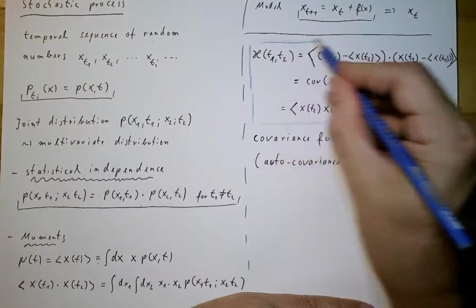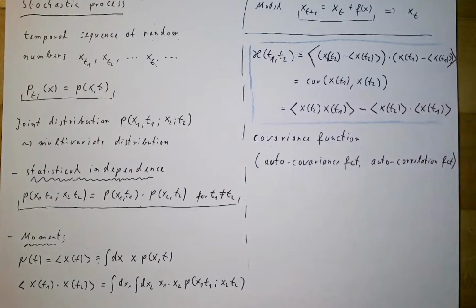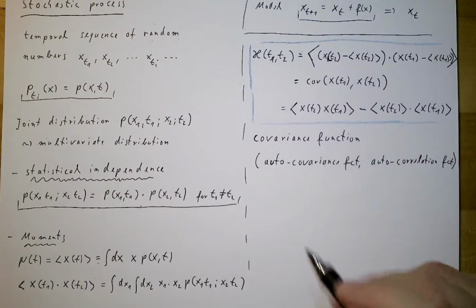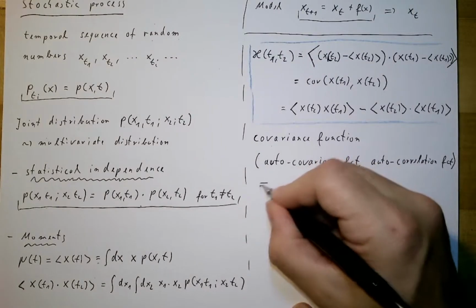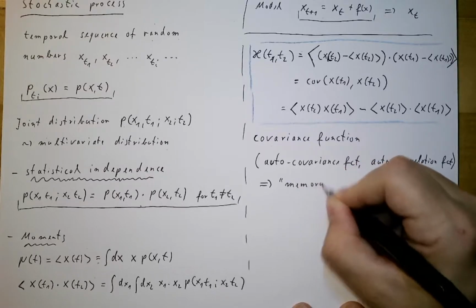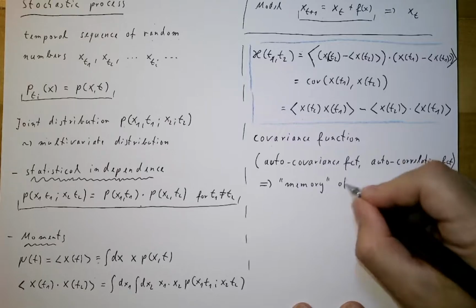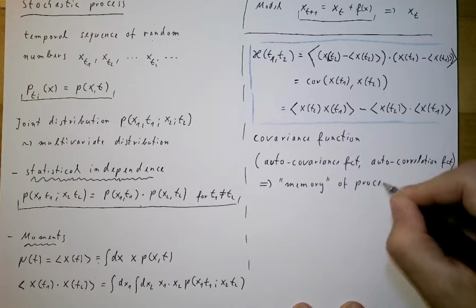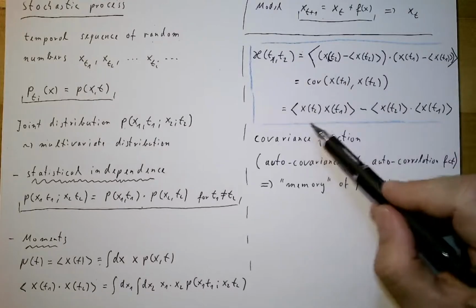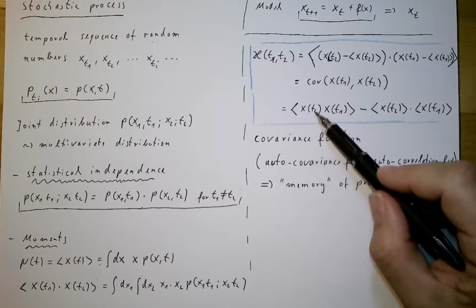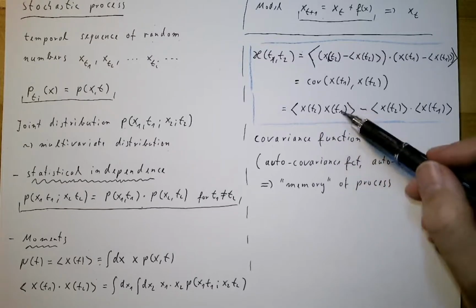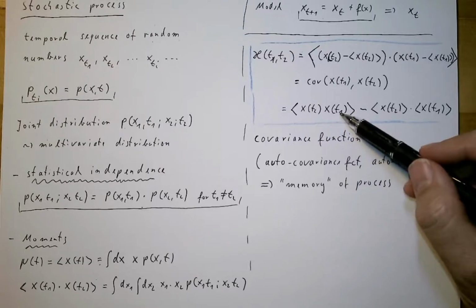That's the fundamental quantity to describe the time dependence of the random variables. And this function gives us the memory of our process, because this tells us how our random number x at a future time point is correlated to the random number at an earlier time point.